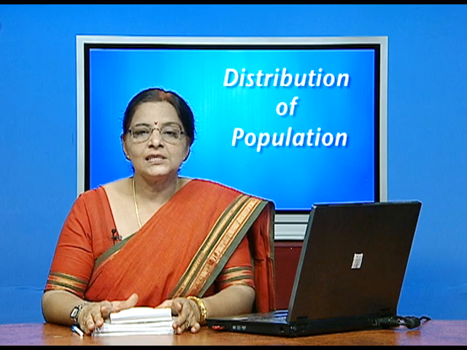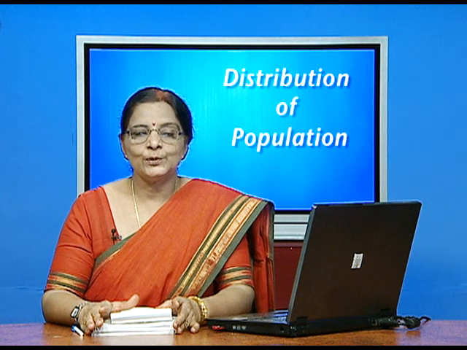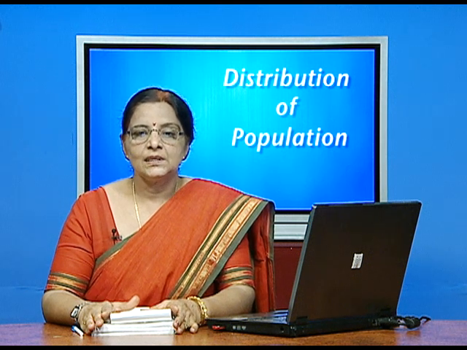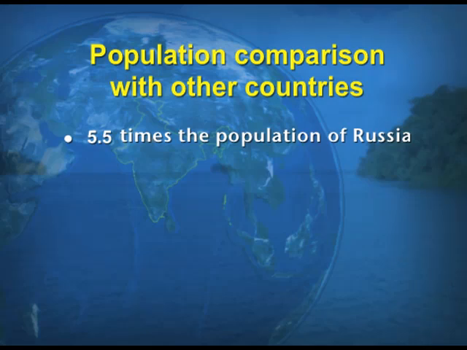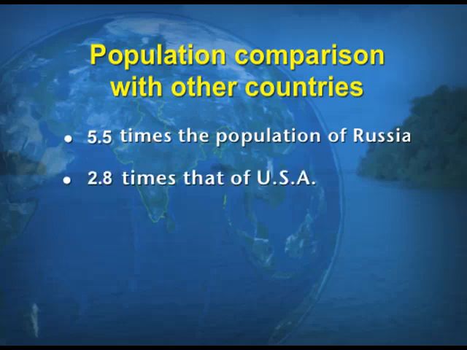Now, here is a comparison of India's population with the other countries. Look at the screens, children, and you will find the numbers. India's population is 5.5 times more than that of Russia. And if we compare with USA, it is 2.8 times more.